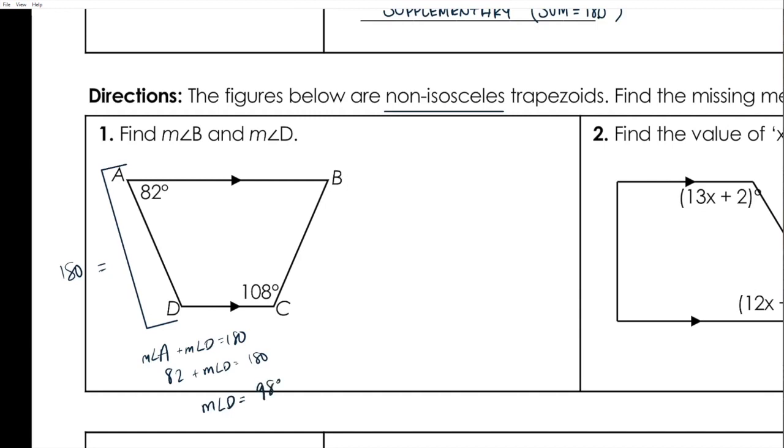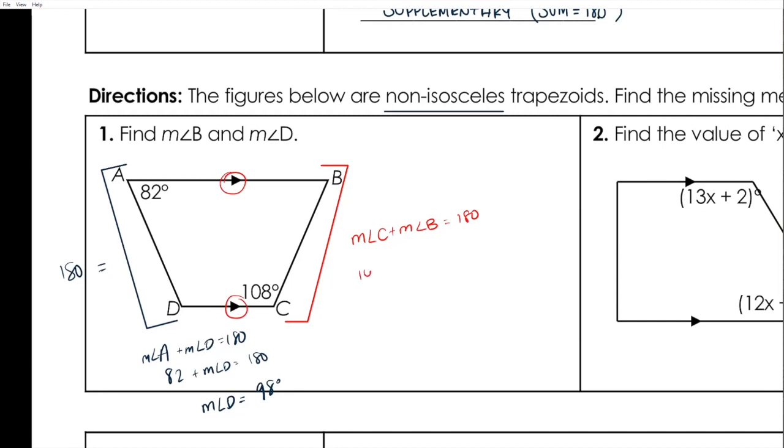We can do the same thing to find B. B and C are on the same side of the side BC, so the same side of the transversal, inside of our parallel lines. Remember, these arrowheads are signifying what's parallel. So the measure of C plus the measure of B is 180.